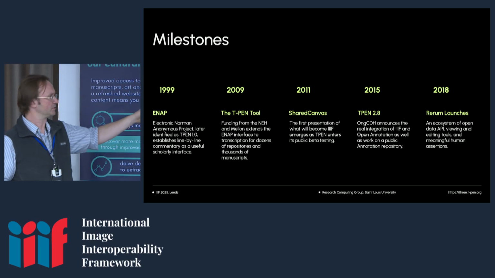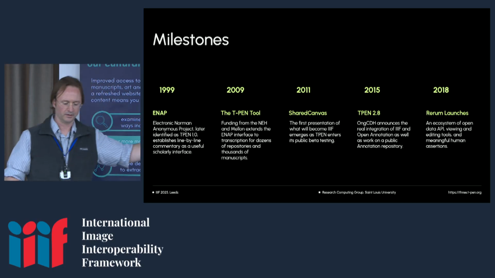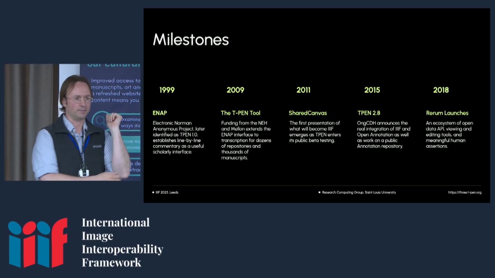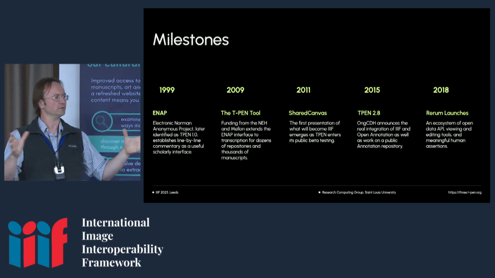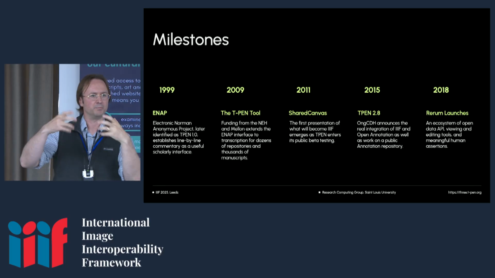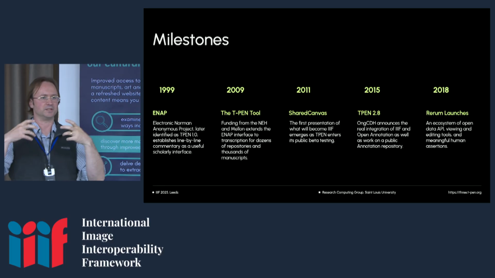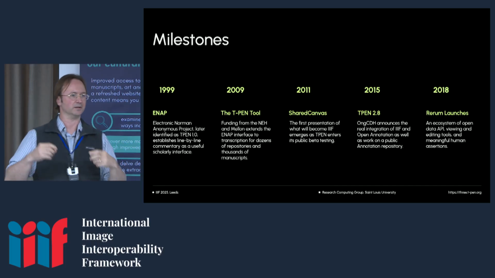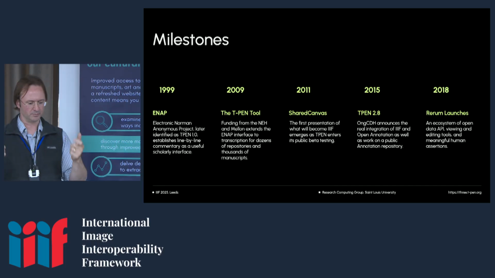In TPEN, it's 3.0 that we're dealing with here, spoilers. ENAP was considered sort of TPEN 1.0, and that was the first place, the Electronic Norm and Anonymous project, where we broke up some images into lines and let people offer commentary directly on those lines in the images and move forward.